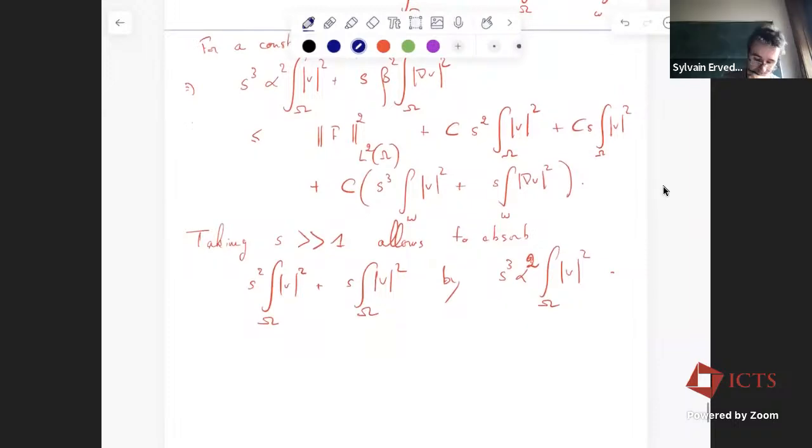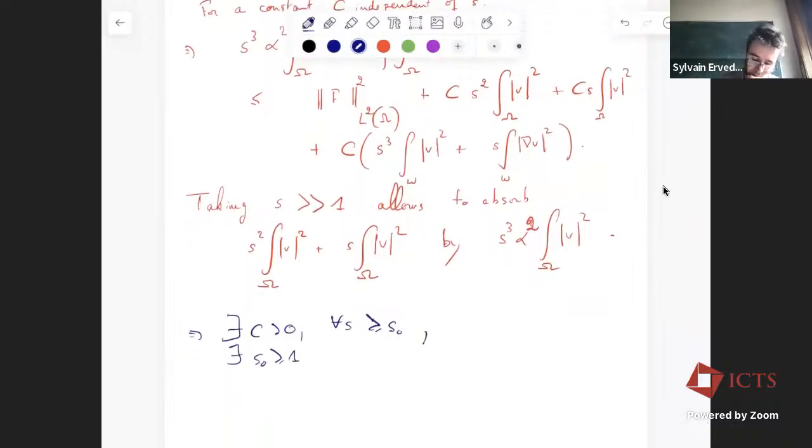Okay, and you get: there exists a positive constant C such that for all s larger than s0, there exists s0 large enough, such that s^3 v squared plus s gradient of v squared is less than a constant times the norm of f in L2 squared.